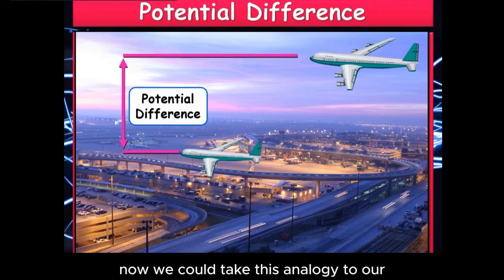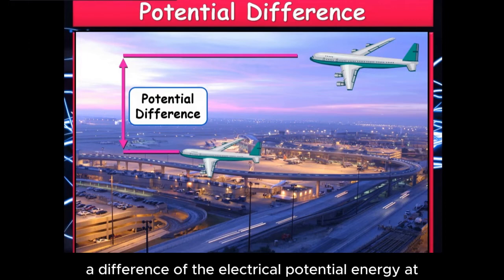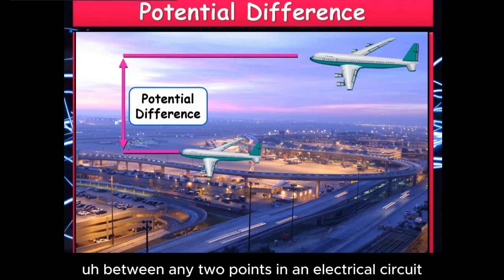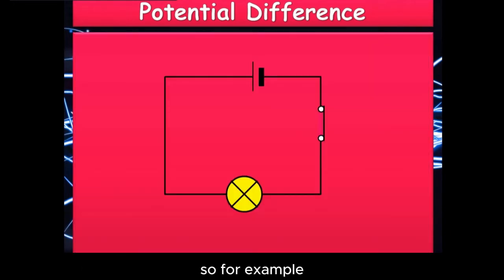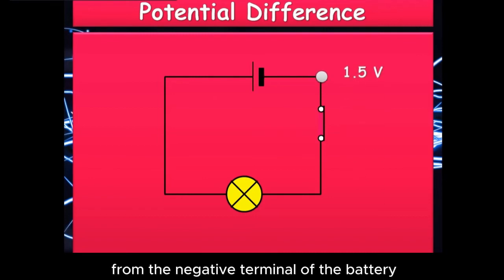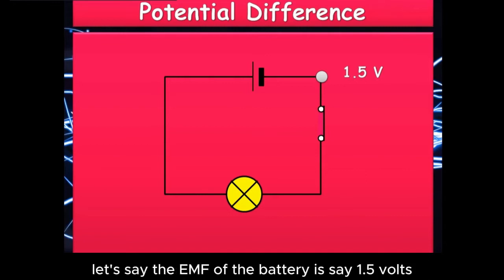Now we could take this analogy to our electrical circuit, and we could say that potential difference basically tells us the difference of the electrical potential energy between any 2 points in an electrical circuit. So for example, in this circuit, if a charge moves from the negative terminal of the battery, let's say the EMF of the battery is, say, 1.5 volts.